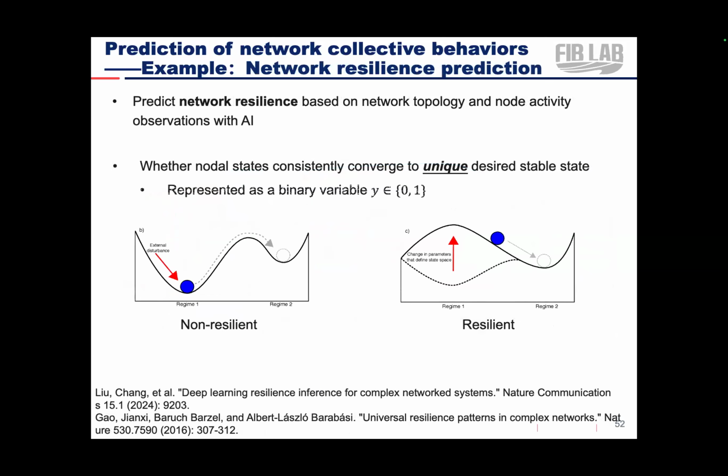And resilience. Resilience means whether nodal states consistently converge to a unique desired stable state. Intuitively, it is whether a network bounces back from perturbations, and it is represented by a binary variable y indicating a resilient or non-resilient network.